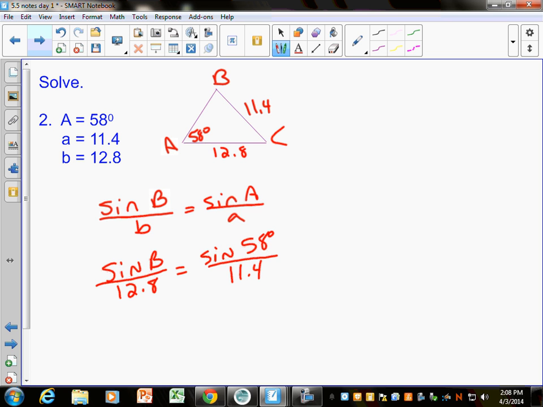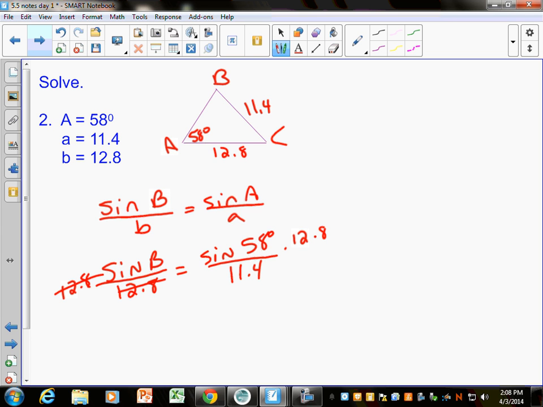And again, using the cross-multiplying way, if I'm just solving for this, the reason I like when it's on top is I just have to multiply by 12.8. Whereas if sine of B was on the bottom, you'd have to either cross-multiply or multiply it over. But the difference is we're solving for an angle here.